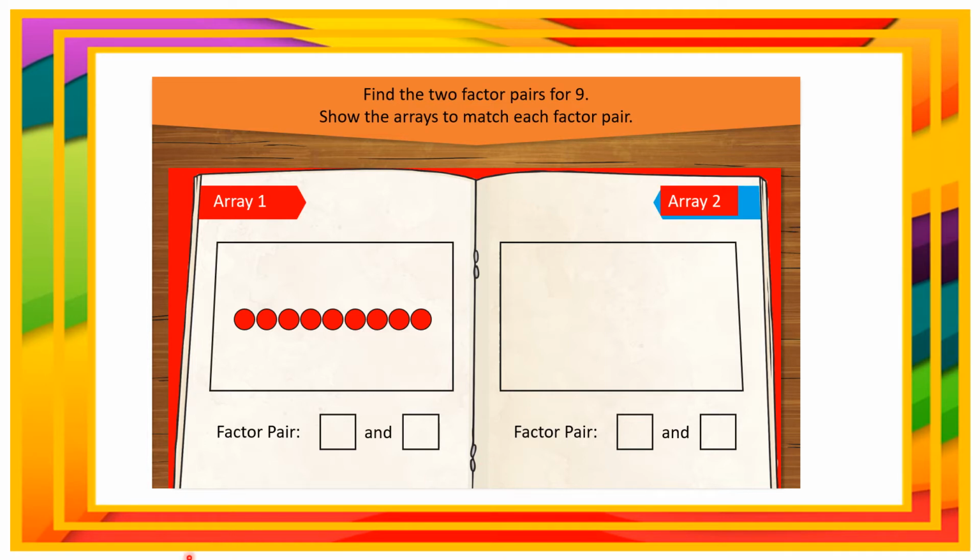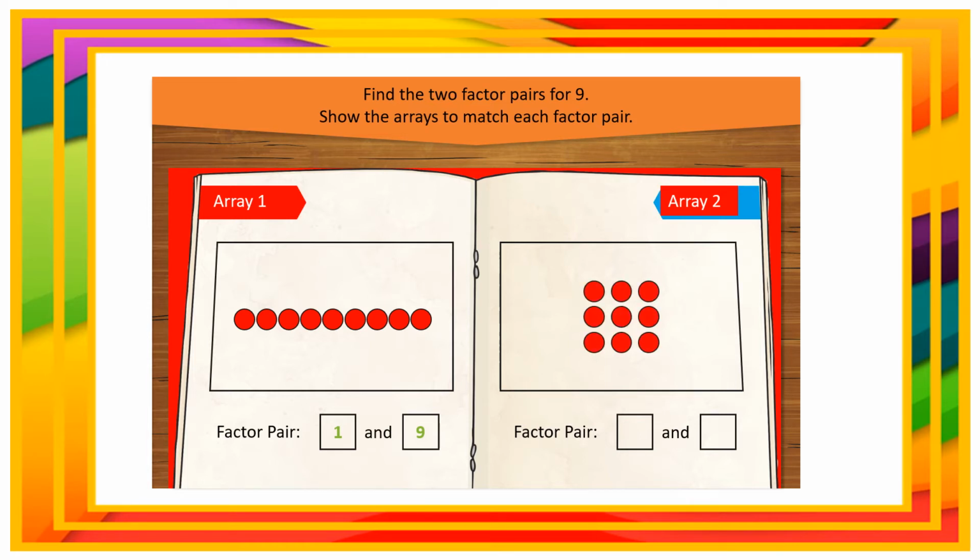We have one row of 9. What does that tell us? 1 multiplied by 9 gives us 9. So two factor pairs that will give us a product of 9 could be 1 and 9. Well done if you thought about this.